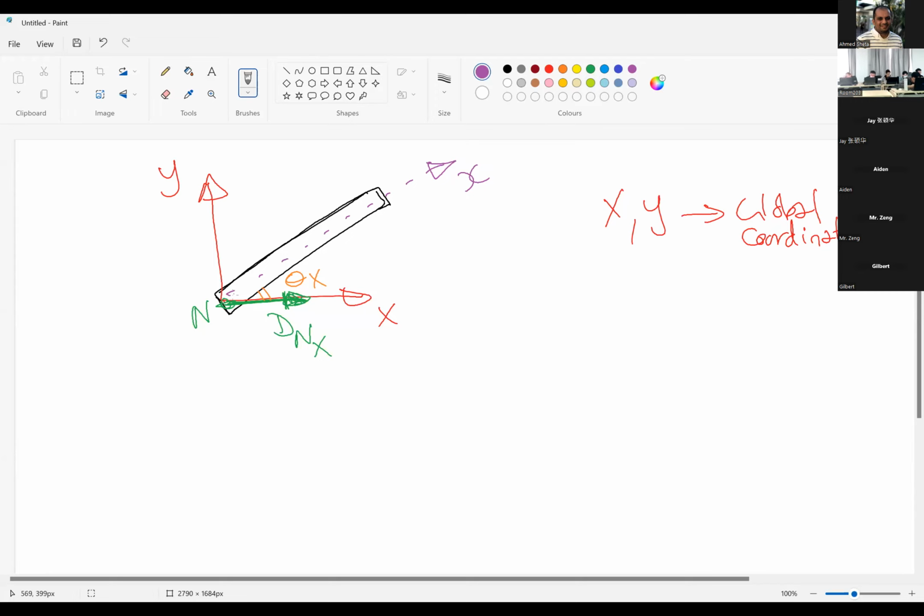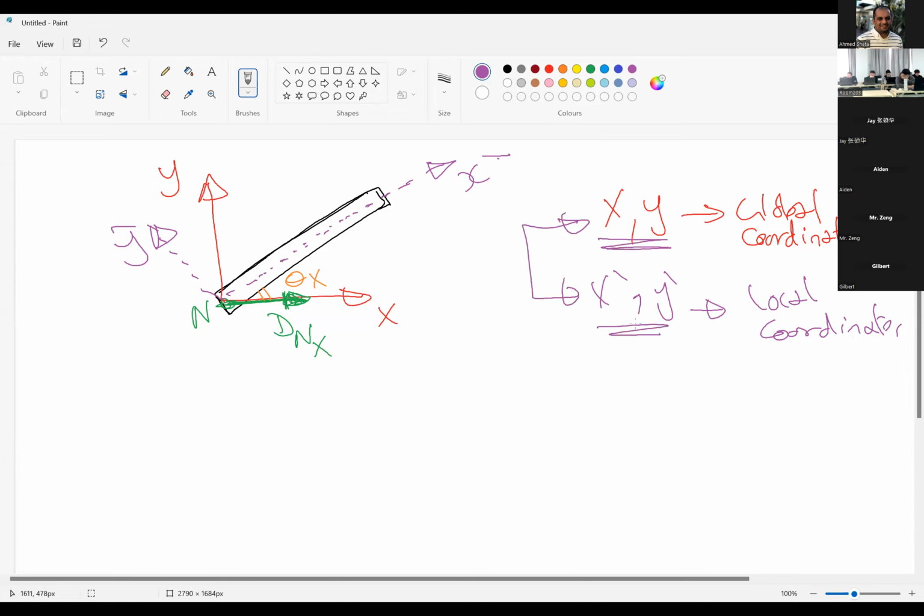So the dotted axis is called x dash, and the perpendicular will be y dash. X dash and y dash are called local coordinates. Okay, so we just need to find a relation between the global and local coordinates. Okay, so if we have a look here, if we have dnx, this is the displacement in global system in x direction.